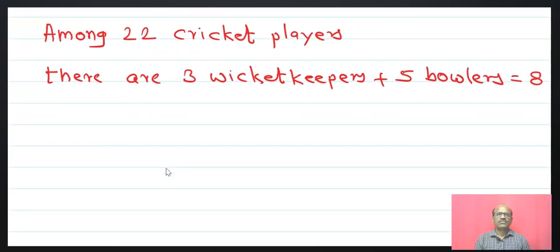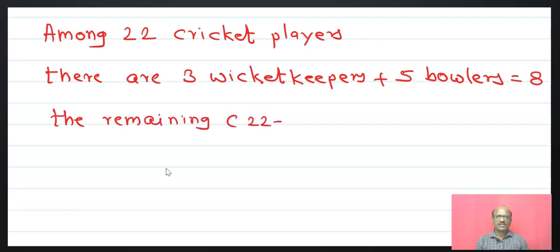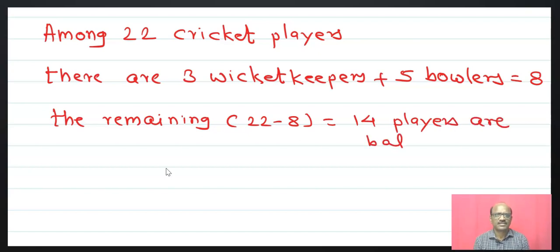And now the remaining are the batsmen. 22 minus 8 is equal to 14 players, and they are the batsmen.